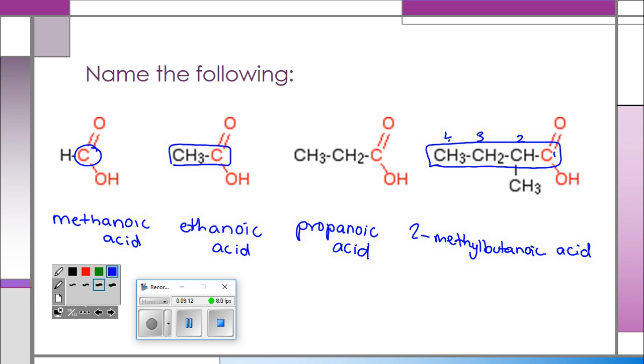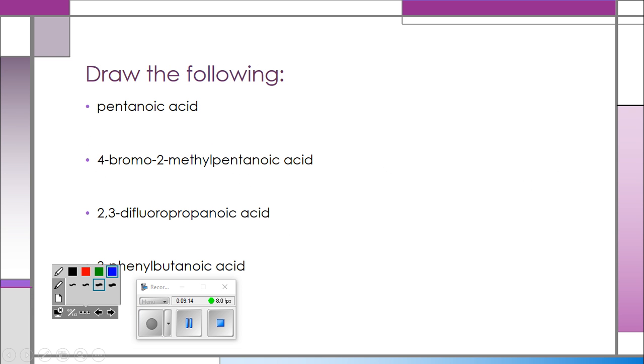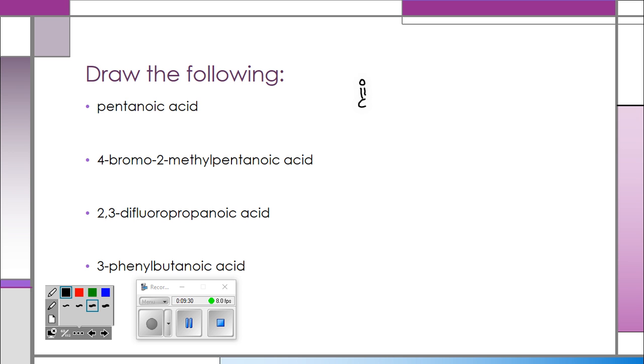So let's give it a try the other way around. Pentanoic acid. So when you're drawing a carboxylic acid, it's really up to you. I have a tendency to do what the examples did and draw my carboxylic acid group on the right of the molecule, because that's how I represent a carboxyl group. You don't have to make it be on the right.